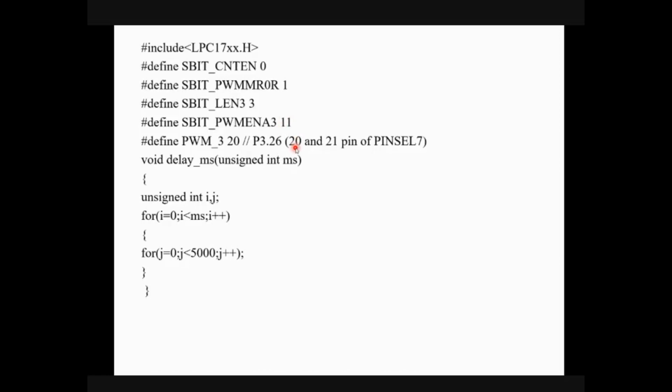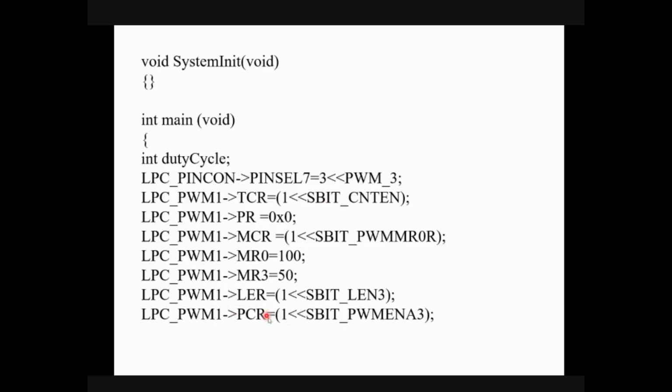So the 11th bit of the PCR register is set to 1, thereby enabling PWM3. This is how we are configuring the registers of the LPC1768 dedicated to PWM generation.